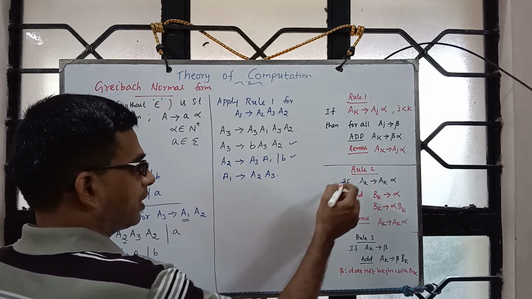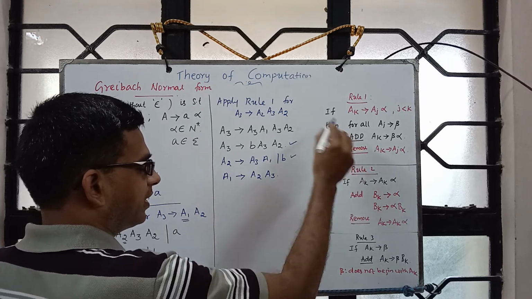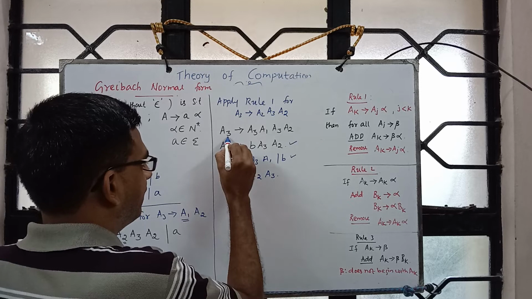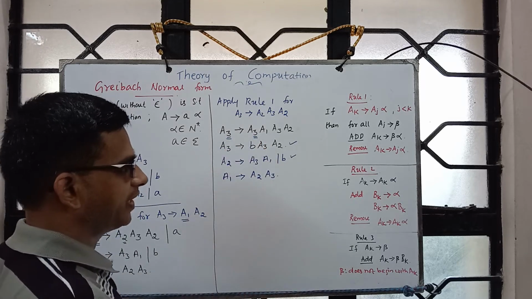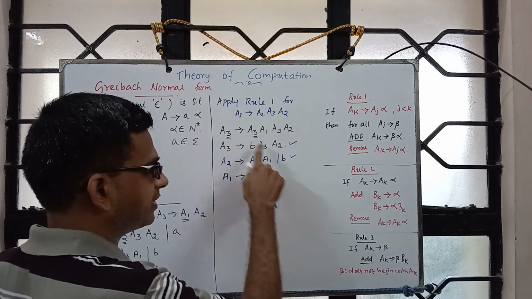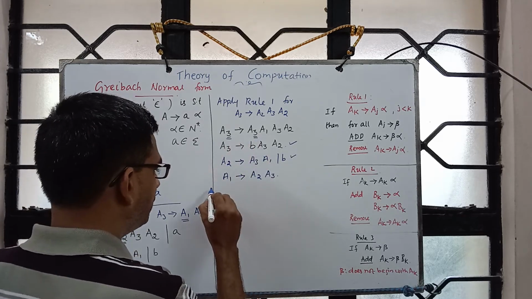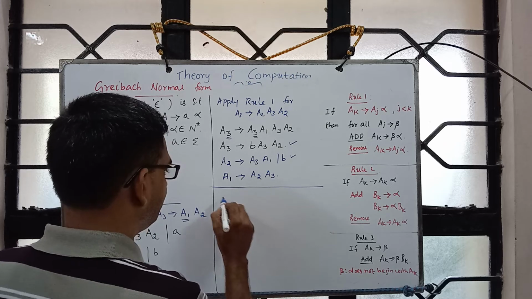Now, rule 1 is no longer applicable, but now we have AK implies AK. The current value of K is 3, right? So AK implies AK, which means rule 2 is applicable.